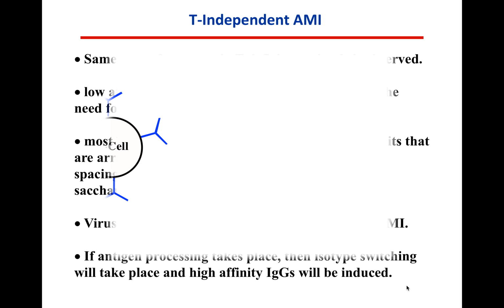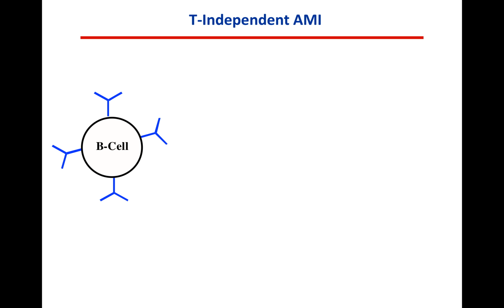So how does this work? If you have a B cell, for example, and this occurs with B cells, this T-independent AMI in the initial stages doesn't involve macrophages or dendritic cells, and it comes into contact with an antigen which has repeating subunits.